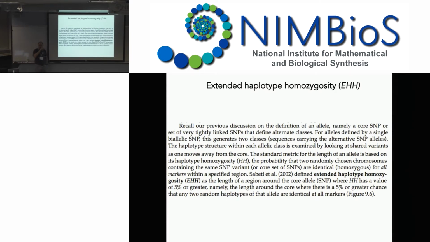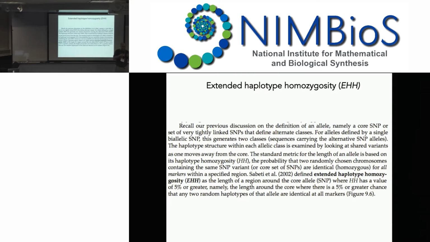So her idea was the one that really got these long haplotype tests started. And the key idea is something called the extended haplotype homozygosity. So I've got a core SNP that defines a haplotype. Then what I do is I take all those alleles in the population that have that same core SNP.